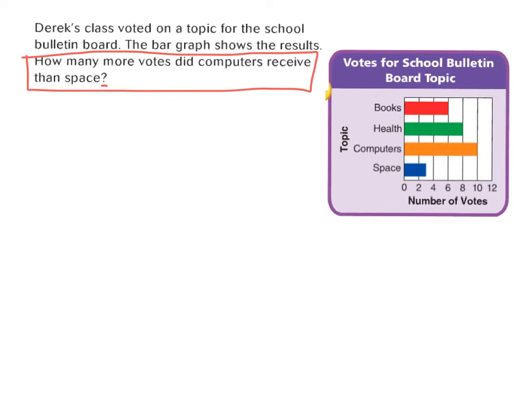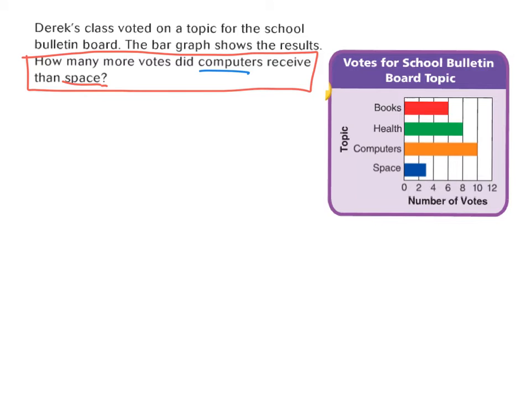So we're looking at the data for computers and for space. Since for this question we're concerned with just computers and space, we're going to direct our attention to the data for just computers and for space.